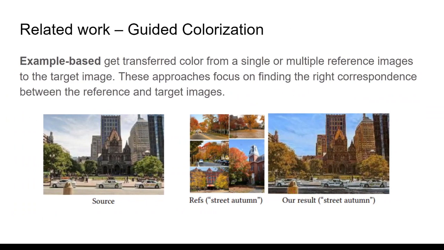Next, I'm going to explain the example-based guided colorization. Example-based methods transfer color from single or multiple reference images to the target image. These approaches focus on finding the right correspondence between the reference and target image.